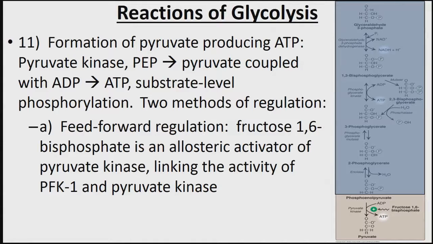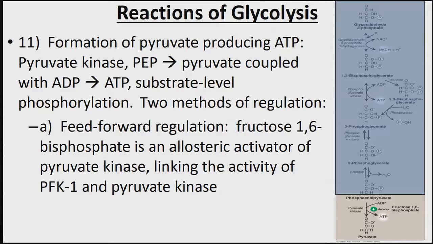One is feed-forward regulation. Fructose 1,6-bisphosphate is the product of PFK1, okay? If that starts accumulating, it will come down. All those other steps are freely reversible. They're not regulated. They only move based on how much substrate is accumulating. Substrate and product determine which direction they're moving, okay?